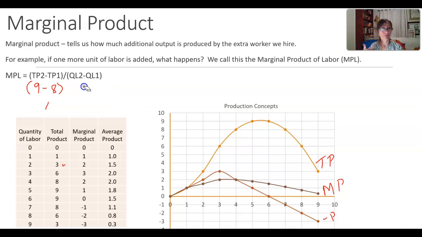We have to pay for that person. So just bear in mind that for every person we hire, we have to pay somebody. That represents a cost, so we're going to have to look at the flip side of this whole concept of production.